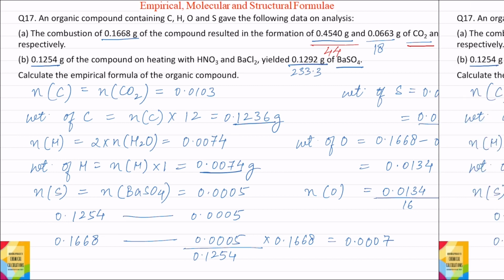0.0008 moles. Now the ratio of moles of carbon to moles of hydrogen to moles of sulfur to moles of oxygen will be equal to 0.0103 is to 0.0074 is to 0.0007 is to 0.0008.